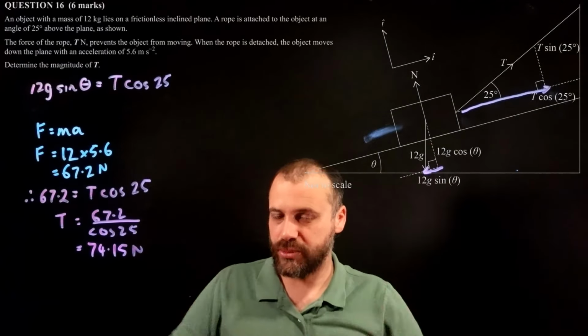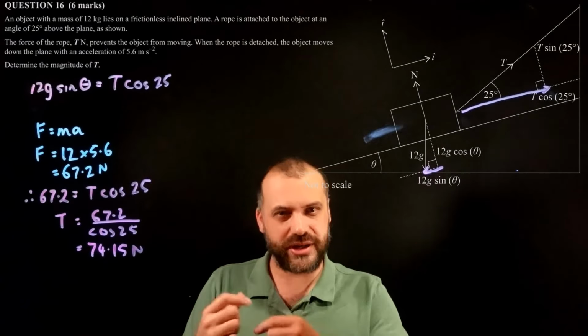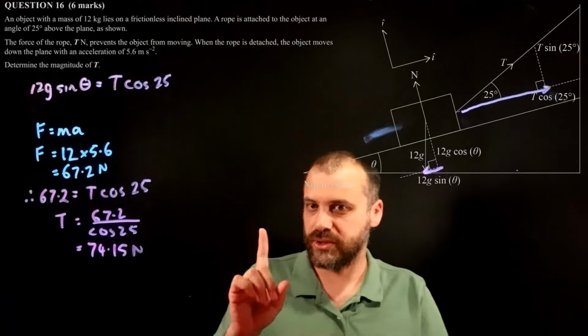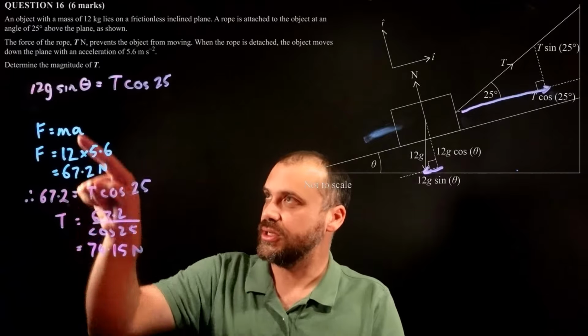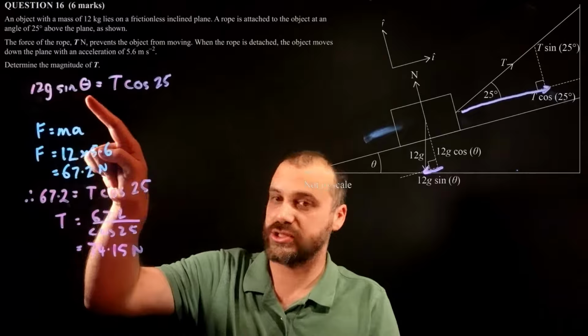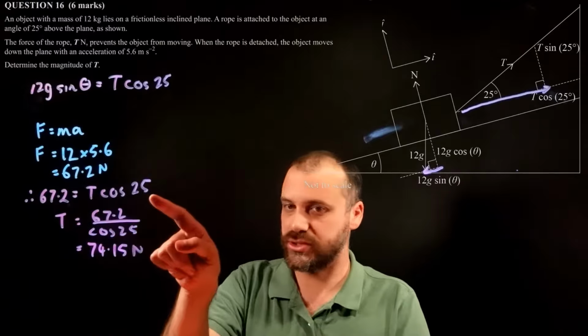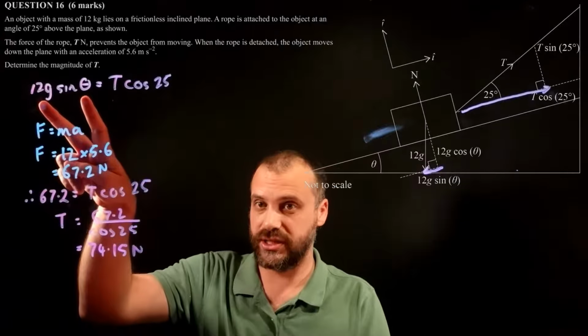Now, in the worked solutions from the QCAA, they go down a slightly different, circuitous path, I think, because what they end up doing is using 67.2 to solve 12g sin theta. Remember, 67.2 is equal to T cos 25, but we also know that T cos 25 is equal to 12g sin theta.